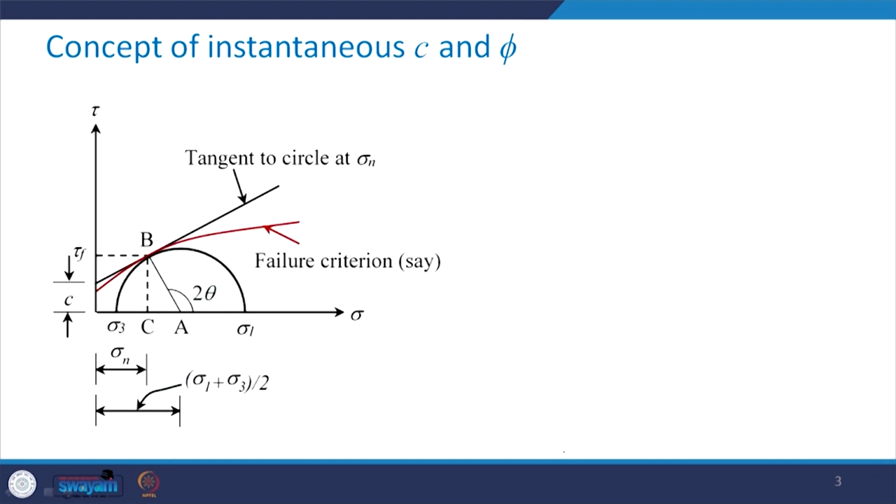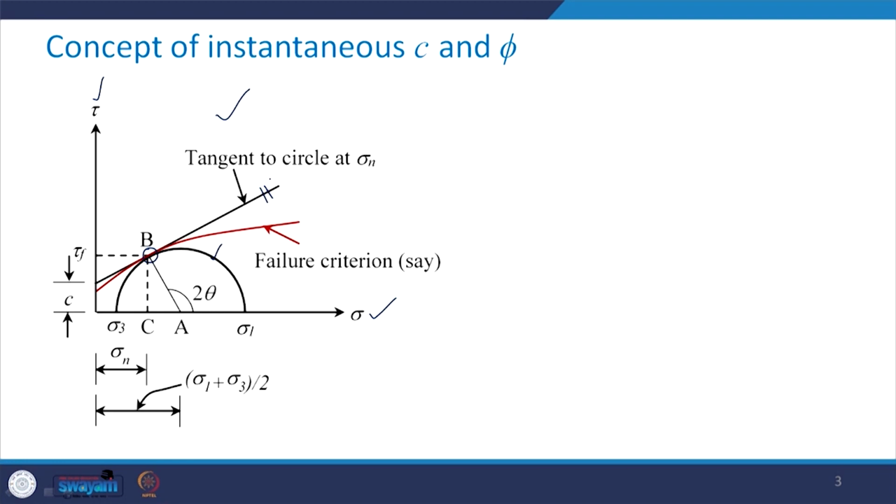So, take a look at this figure now. We have the relationship between tau and sigma, and the tangent to the Mohr circle at the failure point, represented by this point B, is given by this straight line portion.